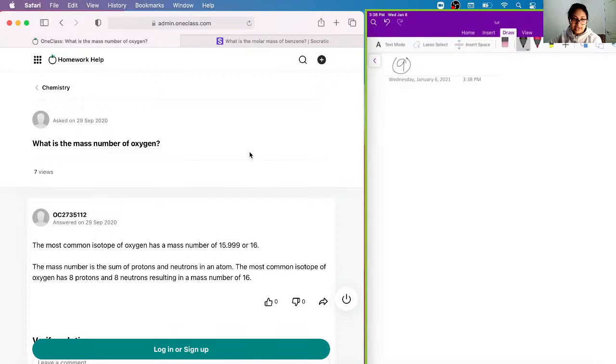It says, what is the mass number of oxygen? Elements are found in many types of isotopes, usually three. But if we're talking about oxygen, the most common isotope has a mass number of 15.99, which is basically 16.